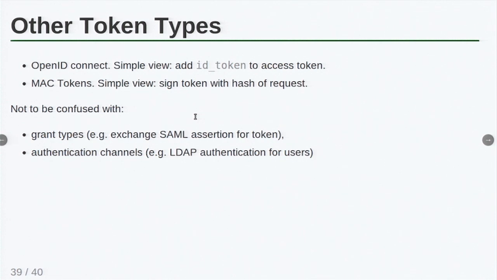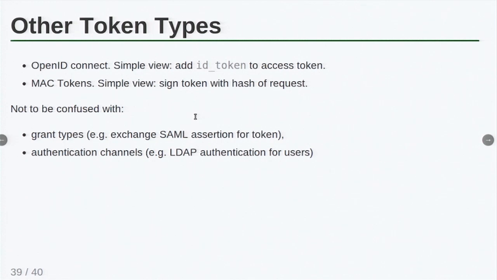Very quickly, other token types. We talked a lot about access tokens. A special kind of access token comes with a different standard called OpenID Connect, which is specifically to do with single sign-on and authentication. A simple-minded view of that is it's just a normal OAuth2 access token, but it adds an additional ID token field to the decoded data, which gives you some information about a single sign-on session. Another token type that there's a spec for, but hasn't finalized. It was dead and it was revitalized, and it's still alive, I think.